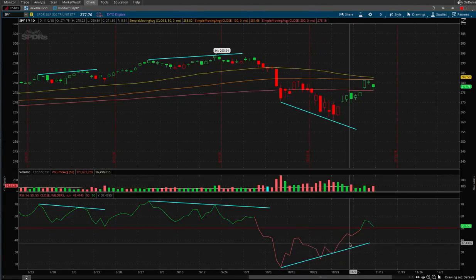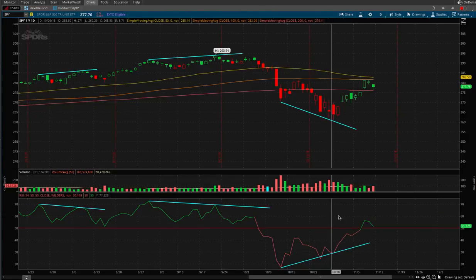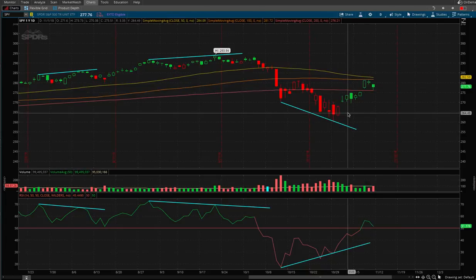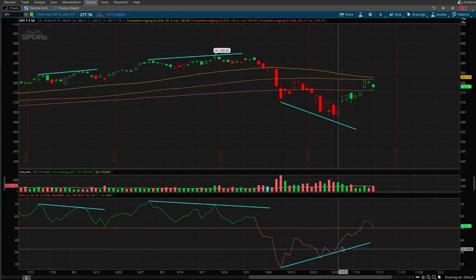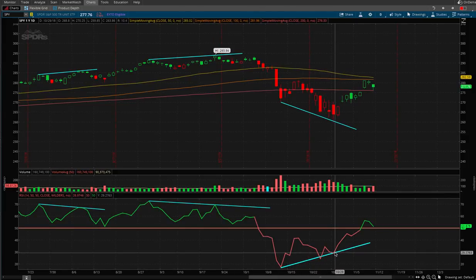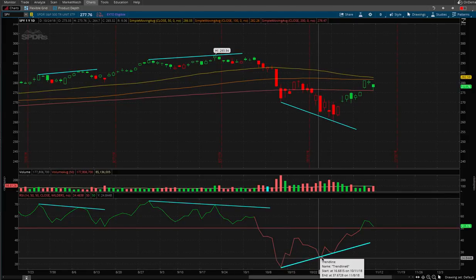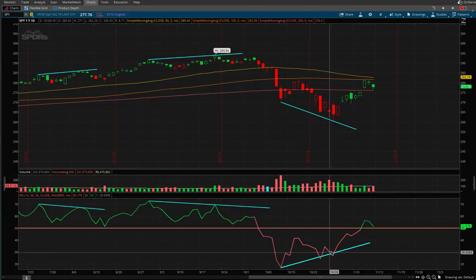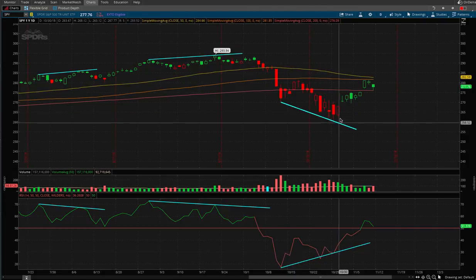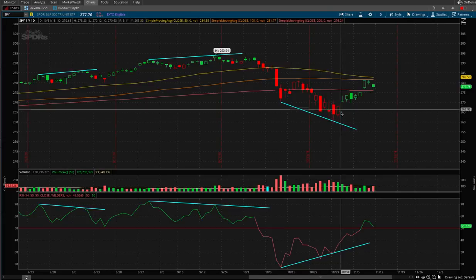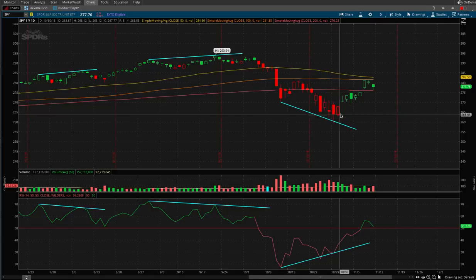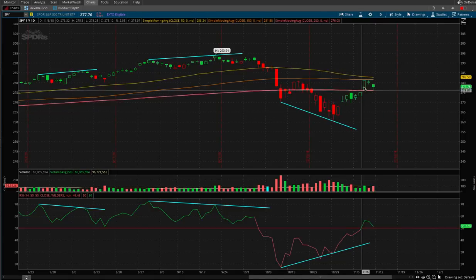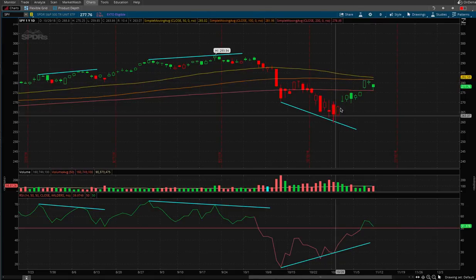It's time to switch our thesis: we're coming down, but we're going to be coming back up, right? So here, these two higher lows suggested that we were going to be turning soon, and we did. We had a nice rally, right, from the 260 area to the 280 area, right?